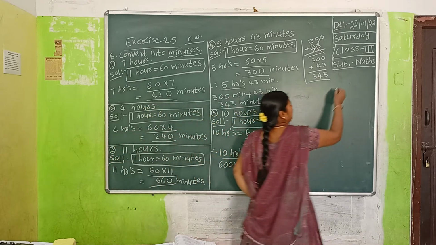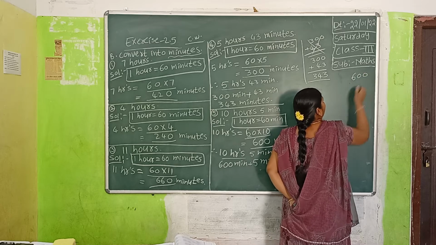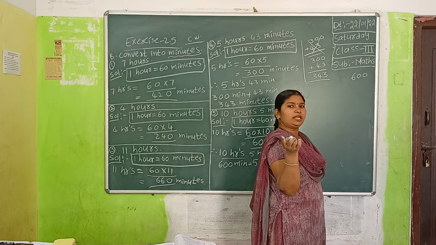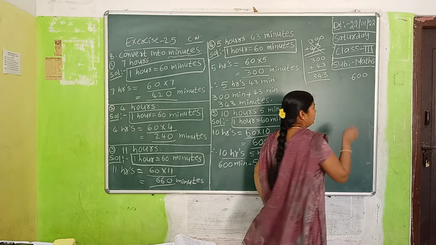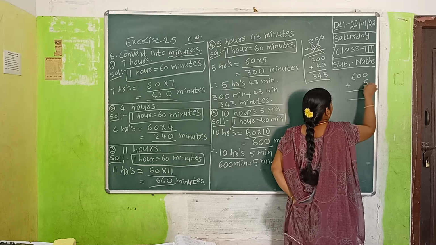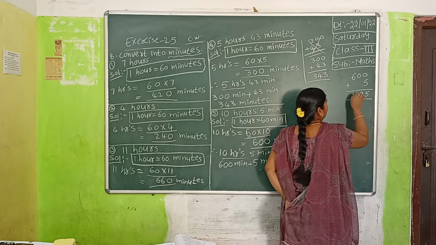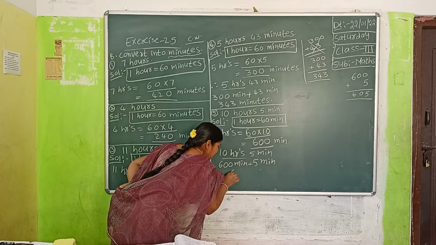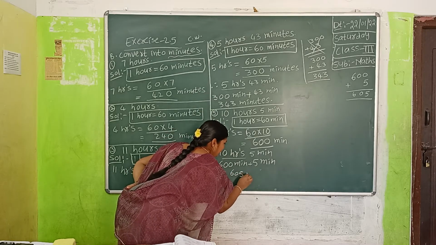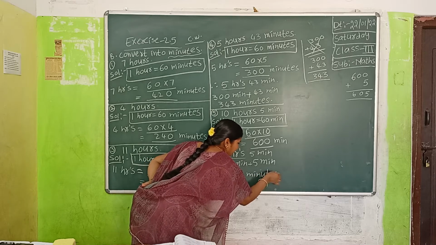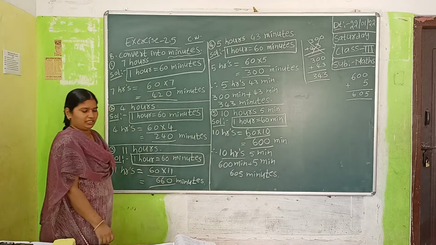How much are we getting? 5 you have to write in the ones place only. Why? Because always you have to add smaller to bigger. 5 plus 0 is 5 and 6 as it is 6. We are getting 605 what? Minutes. Compulsory write down the units.